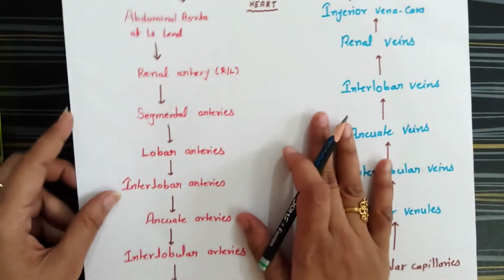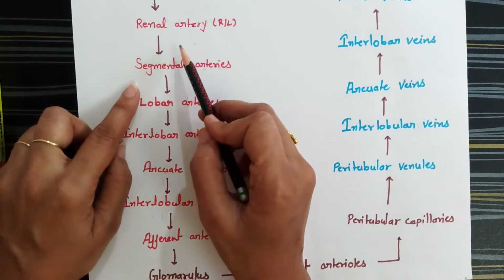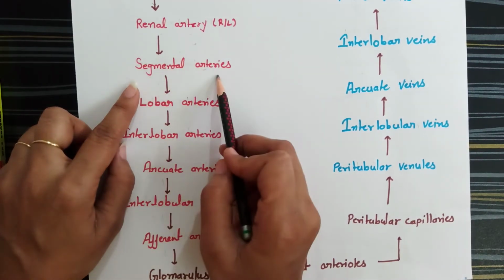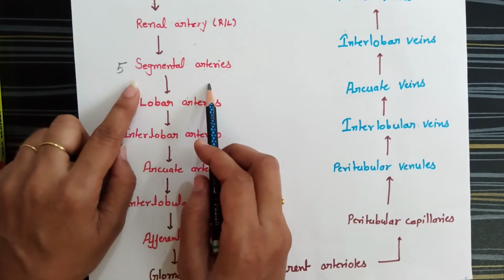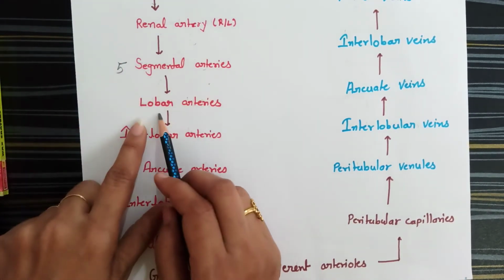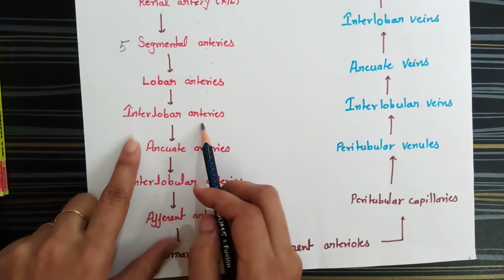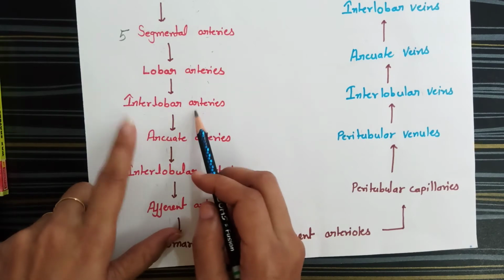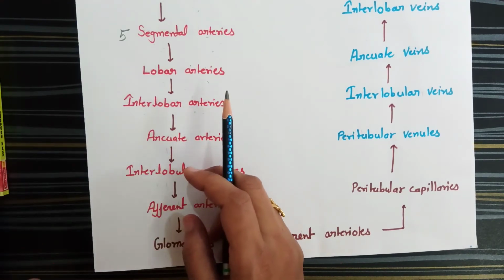Each renal artery, after entering the kidney, divides into segmental arteries. There are 5 segmental arteries. The segmental artery divides into lobar arteries, and then into interlobar arteries, which supply blood to the medulla and pyramids.